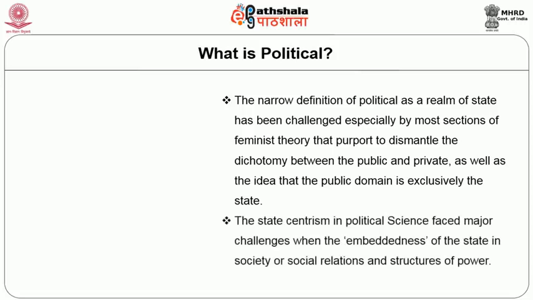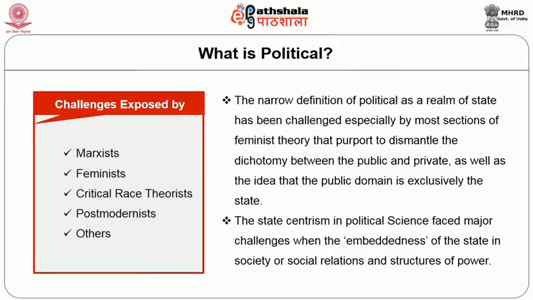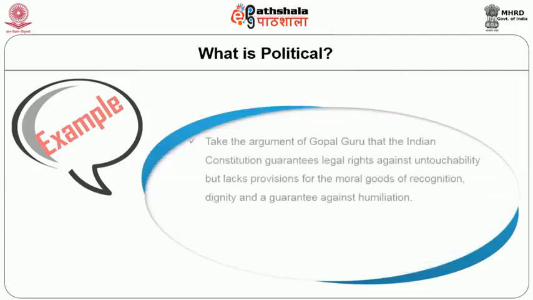The state centricism in political science faced major challenges when the embeddedness of the state in the society or social relations and structure of power was exposed by Marxists, feminists, critical race theorists, postmodernists, and others. For example, let us take the argument of Gopal Guru.